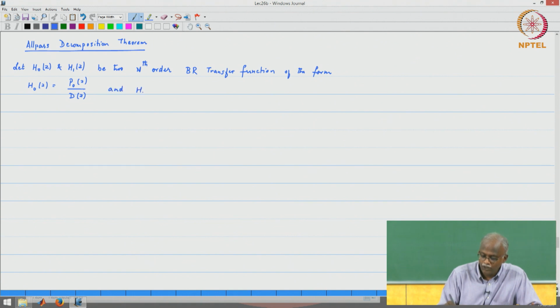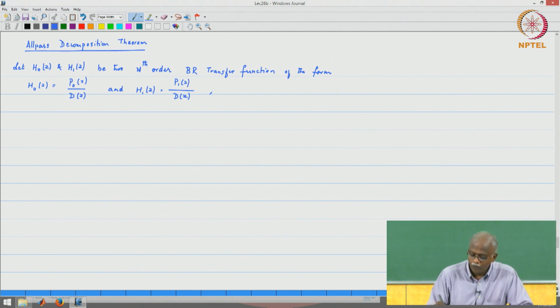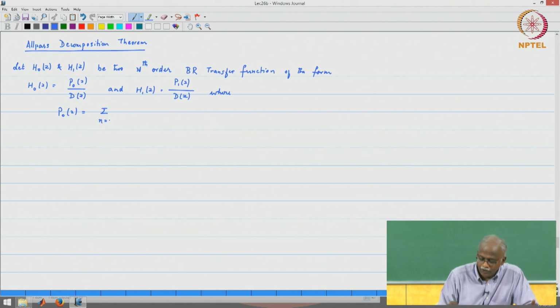And h1 of z, remember both of them are of the same order, so this one also has the same denominator d of z, and numerator p1 of z, where the polynomials themselves, p0 and p1, are FIR polynomials. So p0 of z is an FIR polynomial of order N, the sum over n equal to 0 to N, that means the highest power of z will be z power minus N. p0,n, the subscript 0 representing the p0 polynomial, n is the coefficient index, times z power minus n.